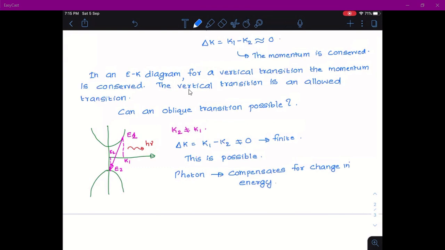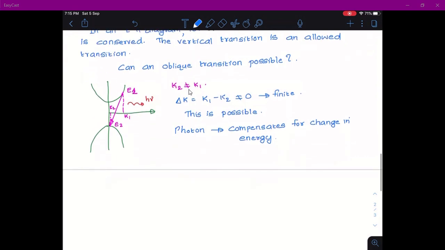That is, when you move from E1 to E2, there is a change in energy, and that change in energy is given by the photon. Similarly, when you move from E1 to E2, there is a change in momentum from K1 to K2. So there should be some other particle which compensates for the change in momentum, and that particle is called a phonon. And the phonon compensates for the change in momentum.